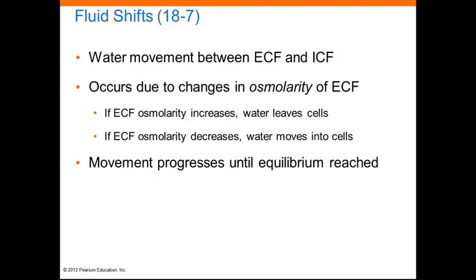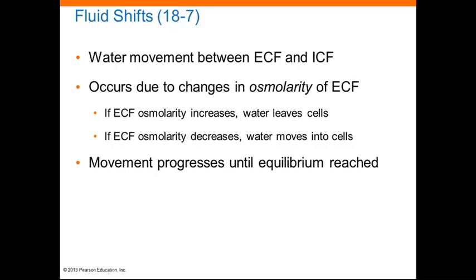This water movement between the extracellular fluid and the intracellular fluid is called a fluid shift. And it can occur relatively rapidly in response to changes in the osmotic concentration or osmolarity of the extracellular fluid. If the extracellular fluid becomes hypertonic, so the osmolarity increases, then water will move from the cells until equilibrium is reached.